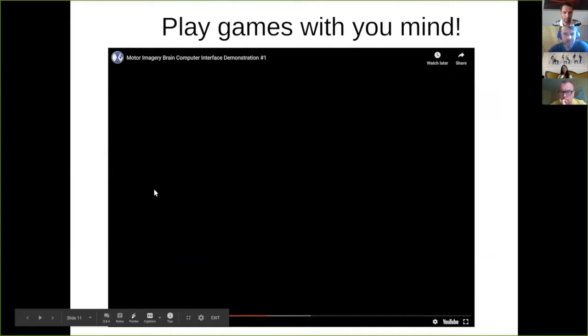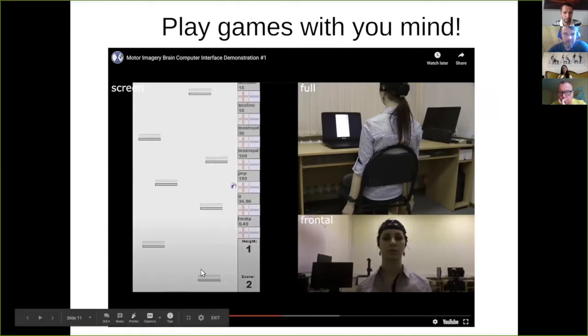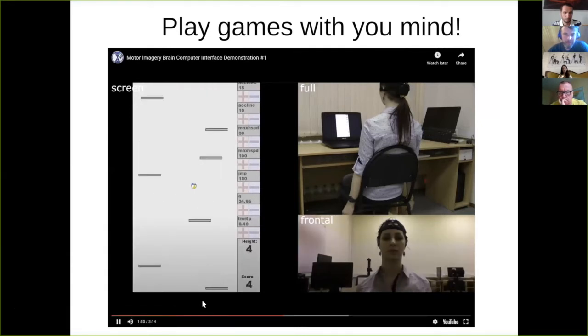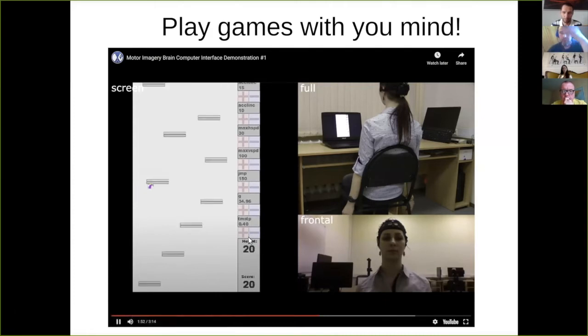You can control the ball moving to the right or to the left, and you have to make it bounce off the platform upward, and you score here. So you can do it with just the strength of your thought. Okay, it doesn't always work, of course, because it's a complicated thing, but in general, you can acquire the score and it goes up, whereas if you leave it without control, it goes big negative.